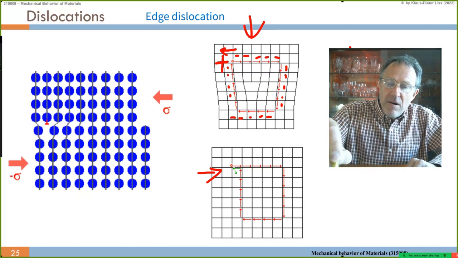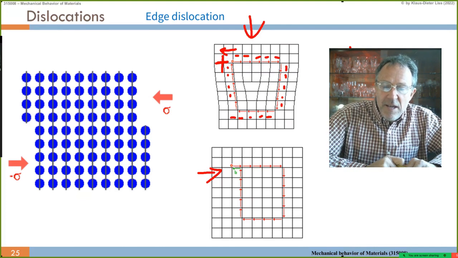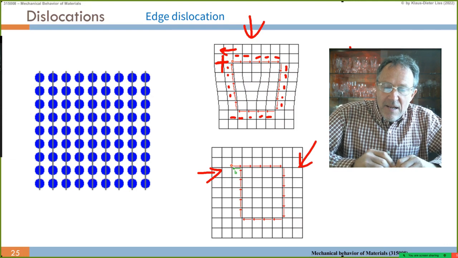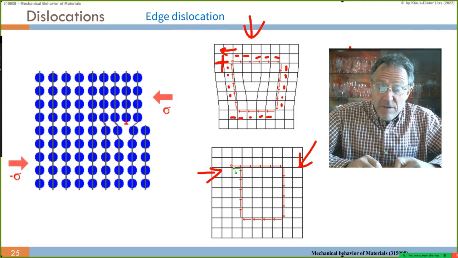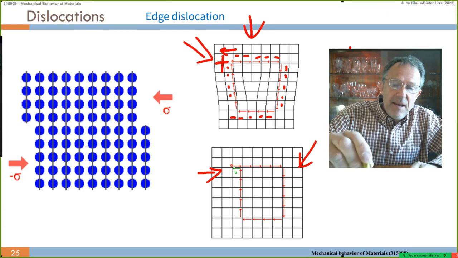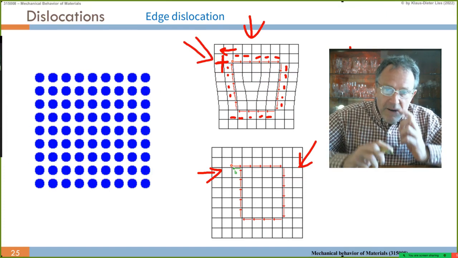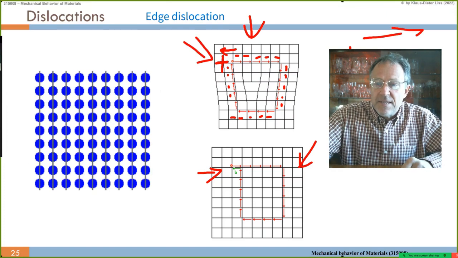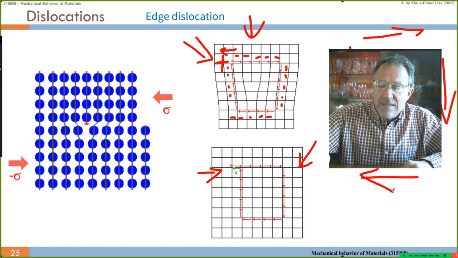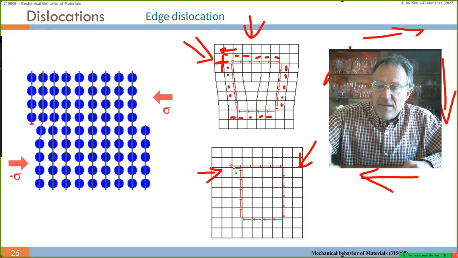Or if I go a closed loop around the dislocation and I do that somewhere in the perfect crystal, then of course I have also a relative shift. The one is relative to the other. So I do it the way as I've shown here. I go m steps in this direction, n steps down, minus m steps to the left, and n steps up.